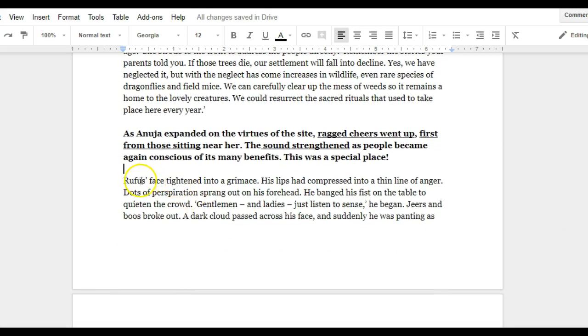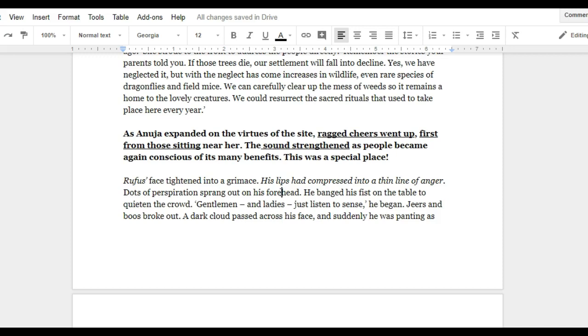Rufus's face turned. Now, can you see how he's the isolated one now on the other side? Rufus's face tightened into a grimace. His lips had compressed into a thin line of anger. Okay, so why am I getting this detail here? Why is the writer finding it necessary to tell us this bit? And I have to think that it's to show how things have changed, that he's shifted from being confident to now being angry.